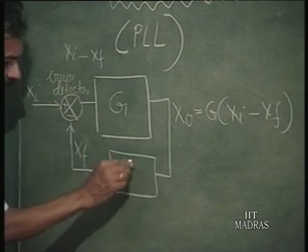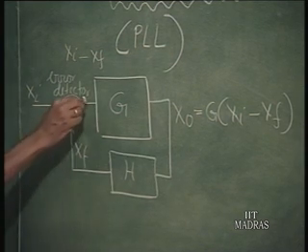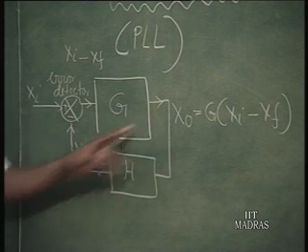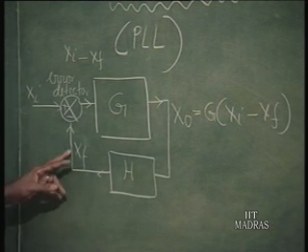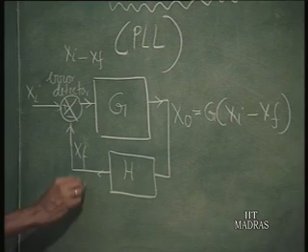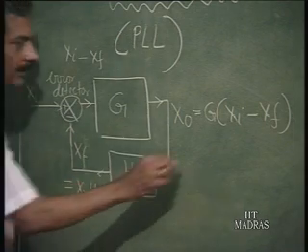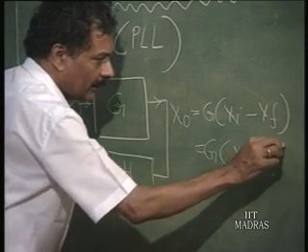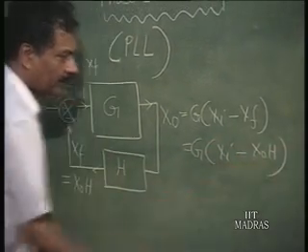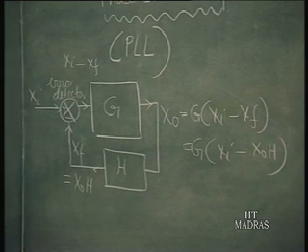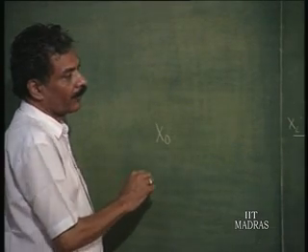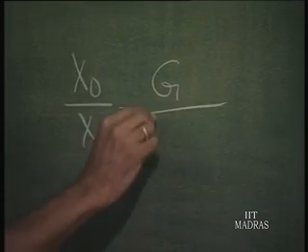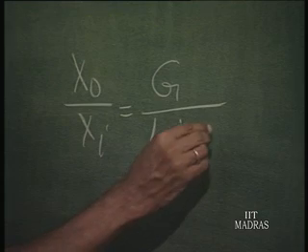So, if the feedback factor is H, this is the way the output is fed back to the input. So, Xf is equal to Xo into H, then this is equal to G into Xi minus Xo into H. So, from that we get Xo by Xi is equal to G divided by 1 plus GH.